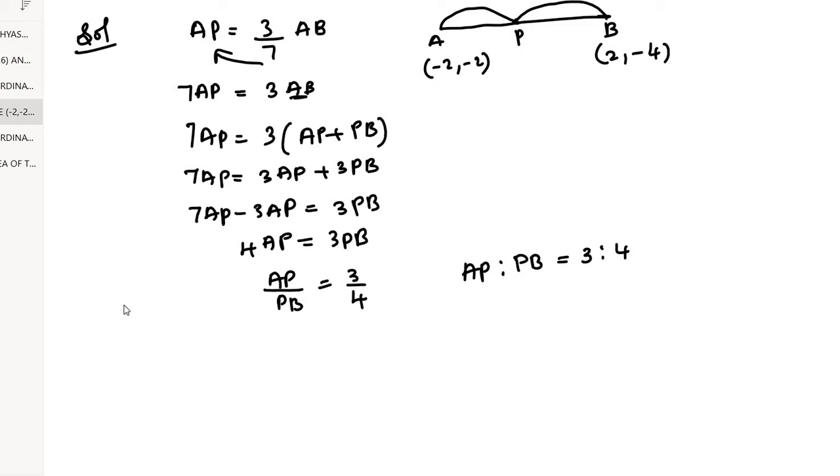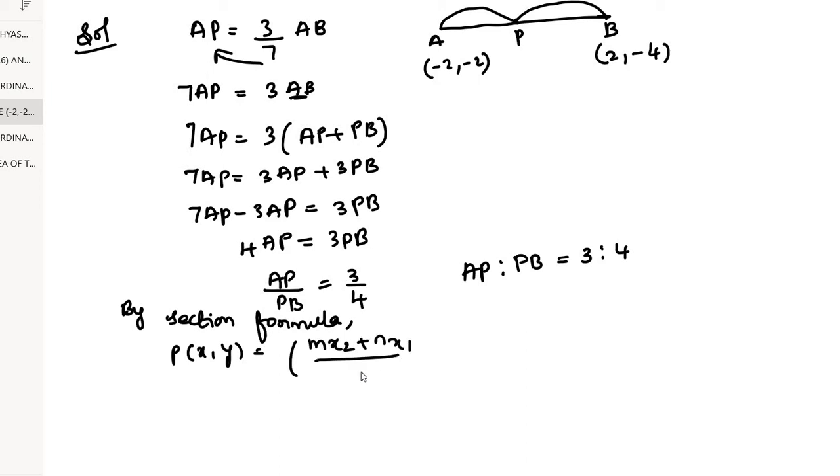By the section formula, P of (x, y) is equal to (mx2 plus nx1) by (m plus n), (my2 plus ny1) by (m plus n).